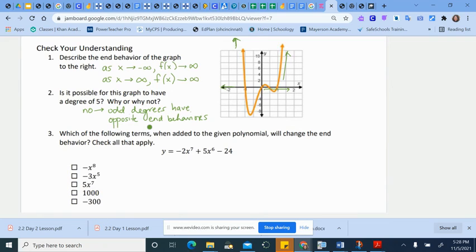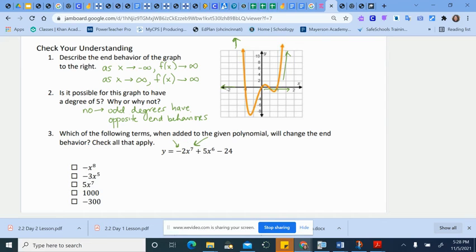Which of the following terms, when added to the given polynomial, would change the end behavior? Ooh, what changes end behavior? Basically, the only thing that can change end behavior is the highest exponent and the leading coefficient.